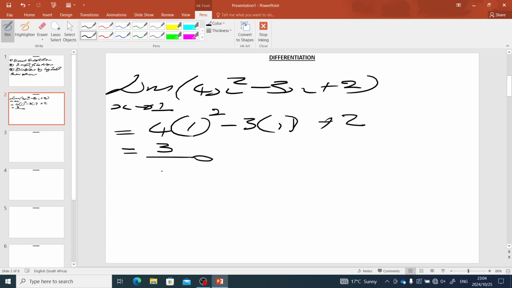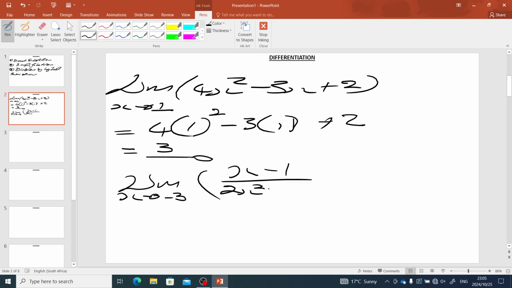Now let's look at the second sum here and apply this direct substitution method. Let's say we are given the limit as x approaches -3 of x minus 1 divided by 2x squared plus 5x minus 2.